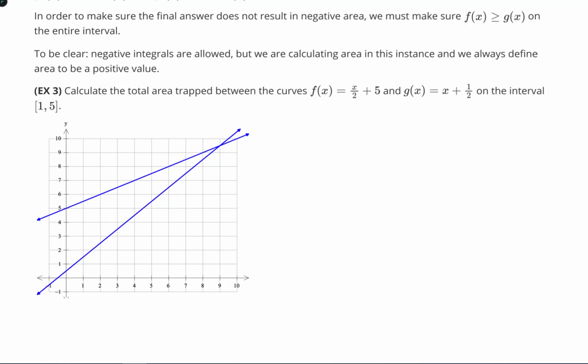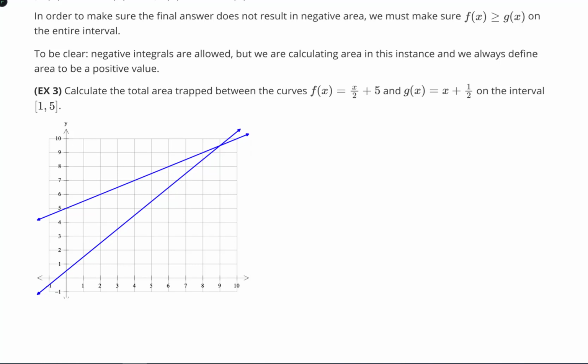When we are doing an application problem involving area, we use an integral to calculate that area. Area is a physical dimension that's defined to always be positive. So when I'm talking about area, the answer has to be positive. However, integrals are not necessarily always going to be interpreted as areas. There's different ways of interpreting integrals.